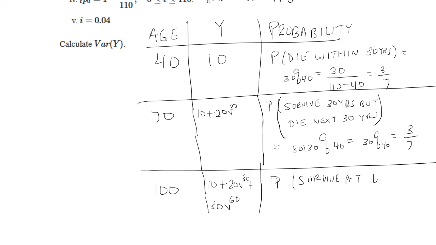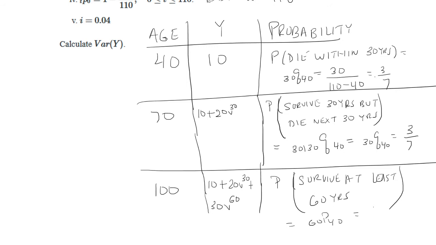So that's 60p40, which is, well, we can use a formula or we could just use common sense. It's 3/7 plus 3/7 is 6/7, so you know they have to add up to 1. So 1 minus 6/7 is 1/7.